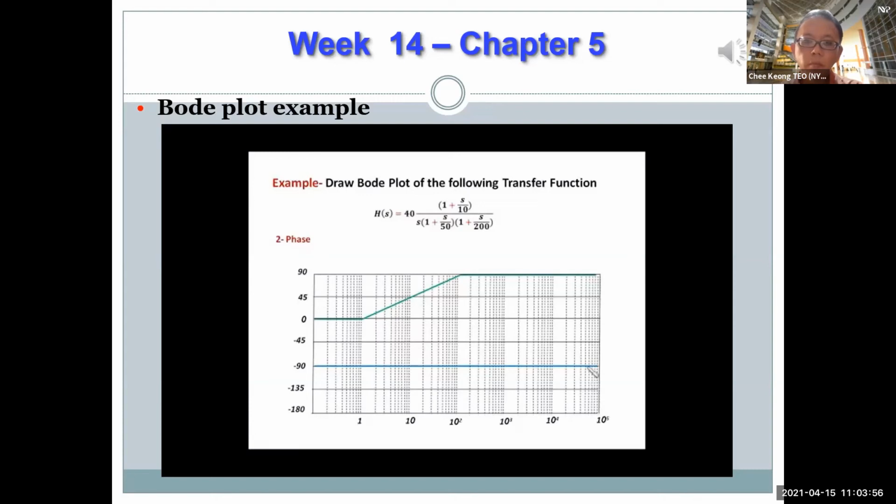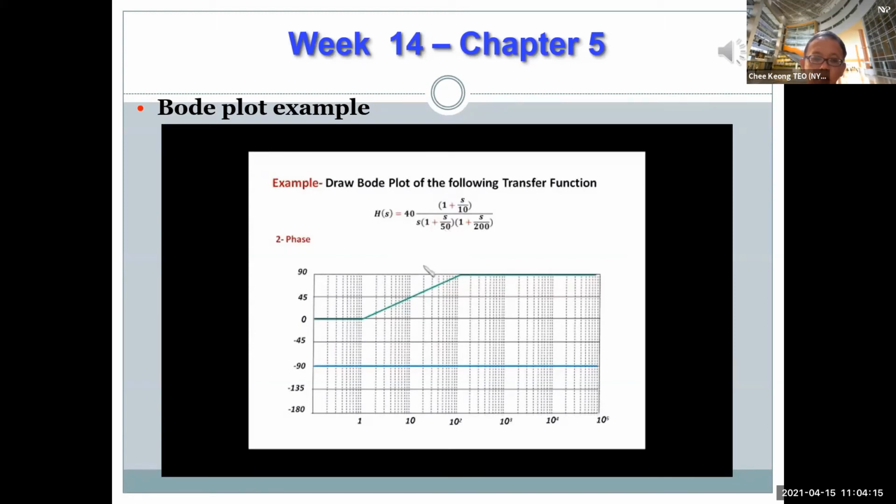The next pole is a pole at 50. So a decade before that will be 5, and the decade after that will be 500. And it will go with a straight line of minus 45 degrees per decade from 5 to 500. So let me plot the line for you.